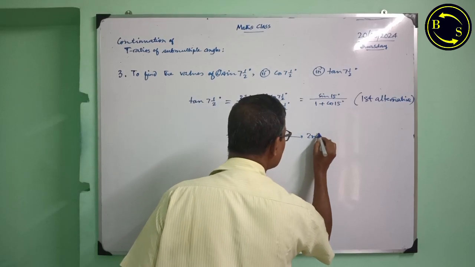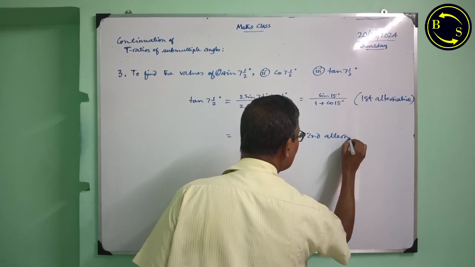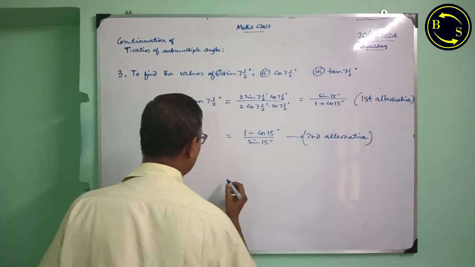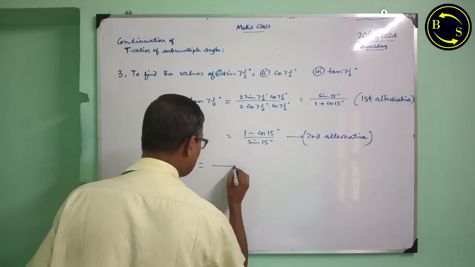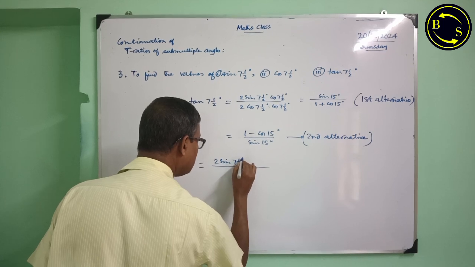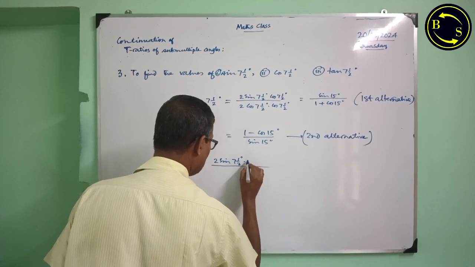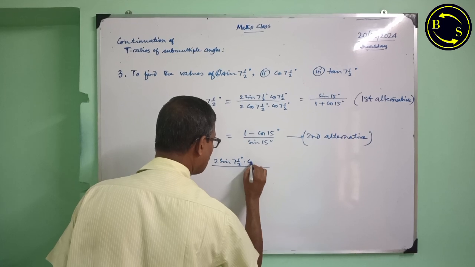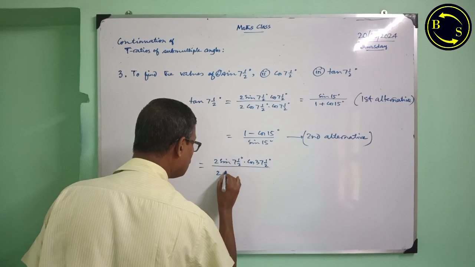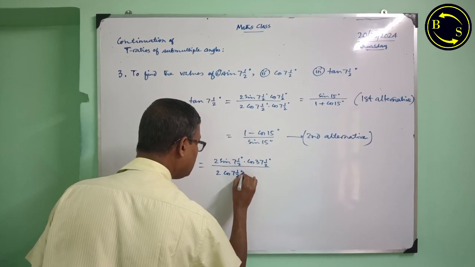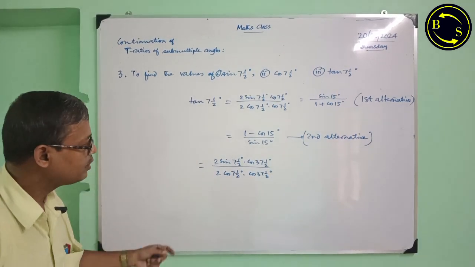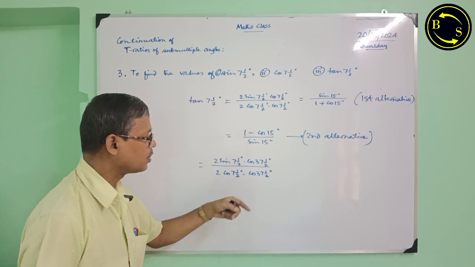Second alternative, this can be written as 2 sin 7.5 degree into cos 37.5 degree by 2 cos 7.5 degree into cos 37.5 degree. That means of the form 2 sin A cos B, 2 cos A cos B.